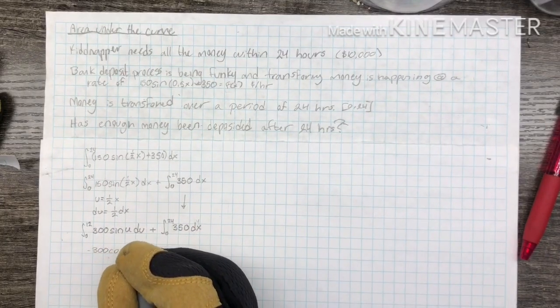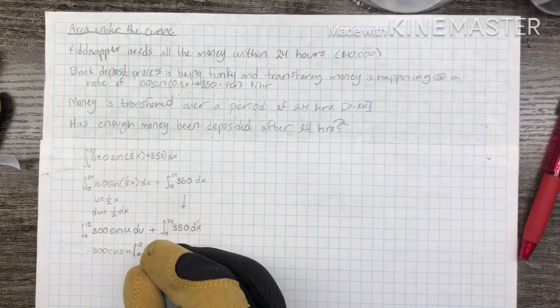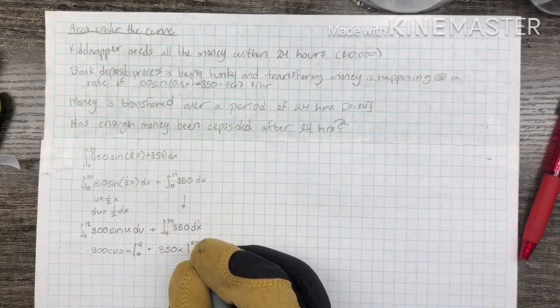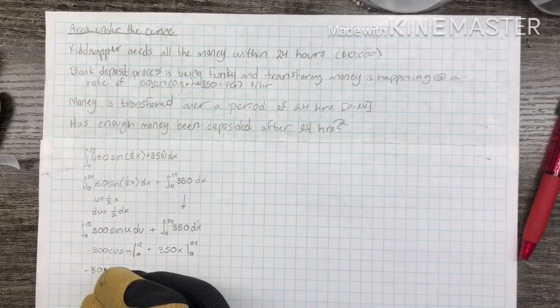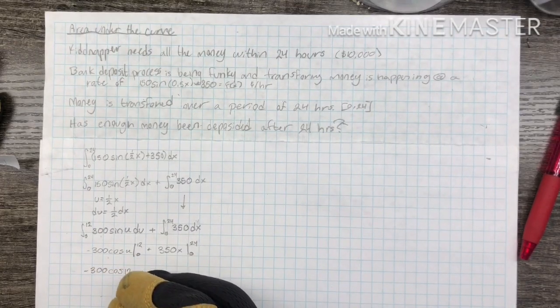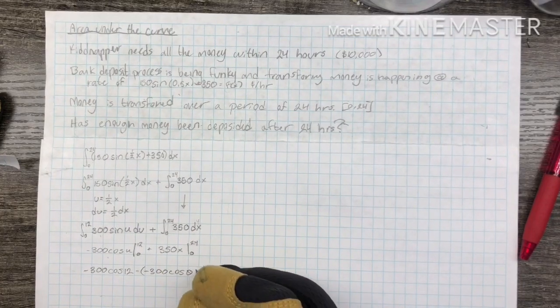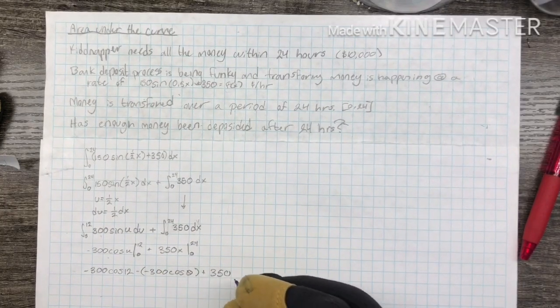The integral of both of these, we are left with negative 300 cosine of u on the interval 0 to 12 plus 350x on the interval 0 to 24. We can plug in our numbers to get our final total money that has been transferred.